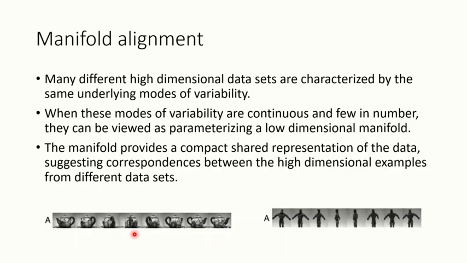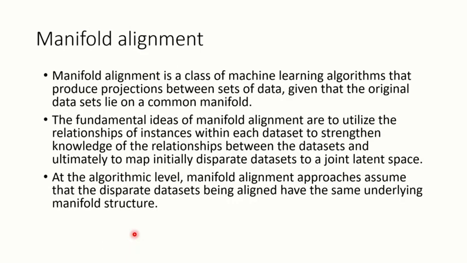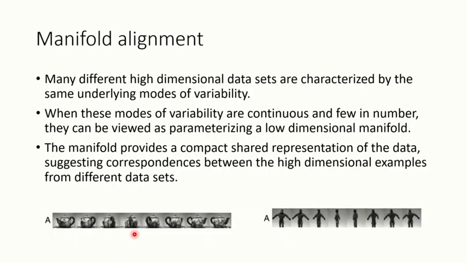No single points are related in these two pictures, but their manifold structures are shared. So if you believe that, then you can project this onto that manifold structure and project this also onto that. In that case, after your projection of the two data sets together, you find this point will be close to this point, and this point will be close to this point. So you align them, and you learn the relationship between these two.